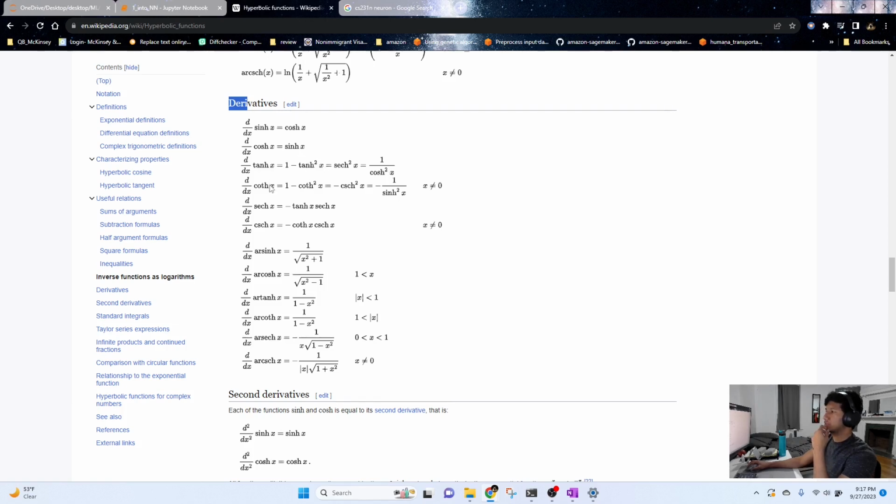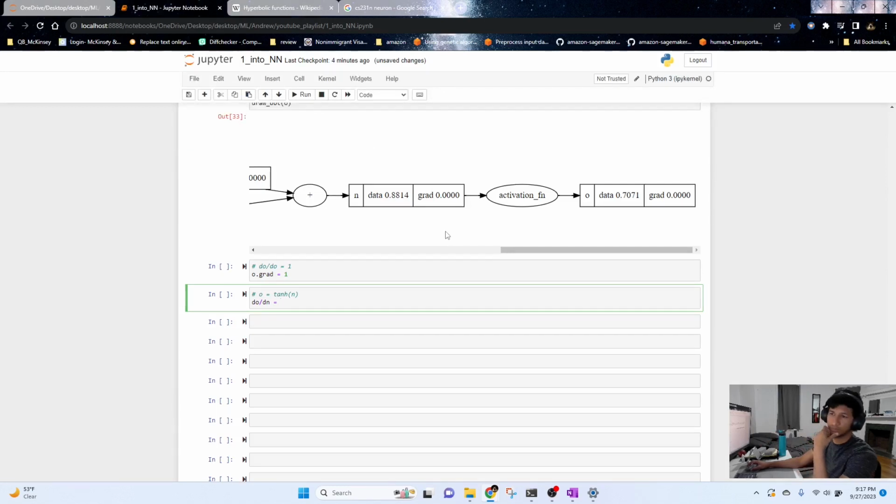The easiest one here is 1 minus tanh squared, because o is basically tanh. So 1 minus tanh of n squared. What are we doing?